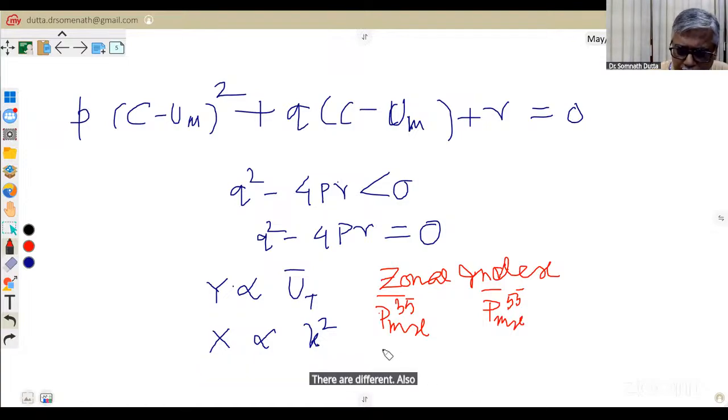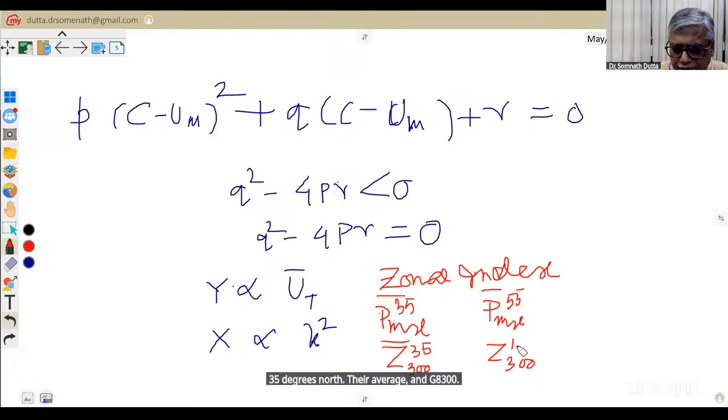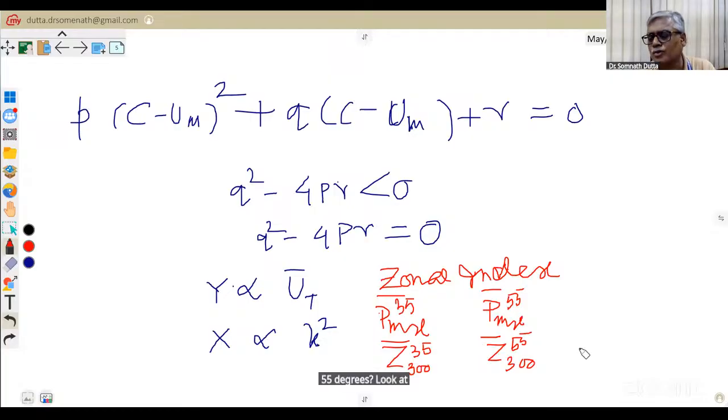Also, it can be defined like this: Z300 at 35° north, their average, and Z300 at 55° north. Their difference is called the zonal index.